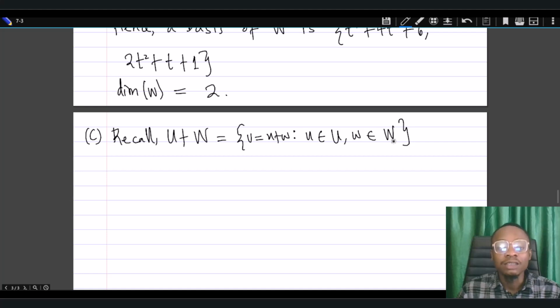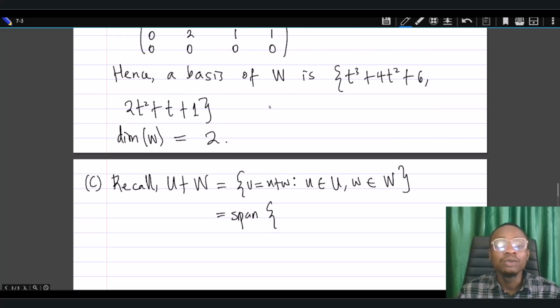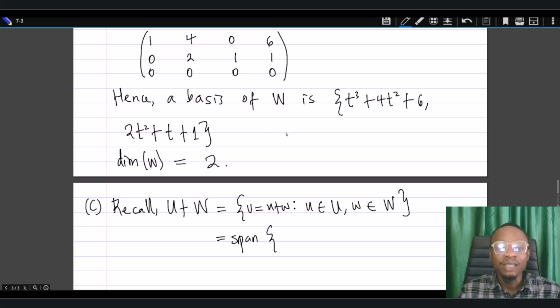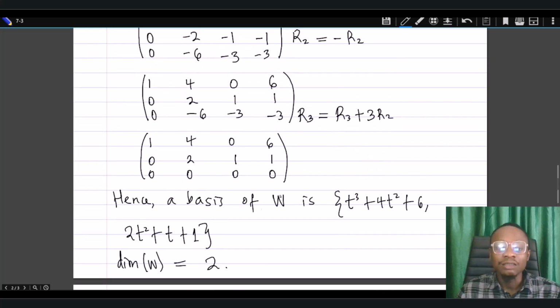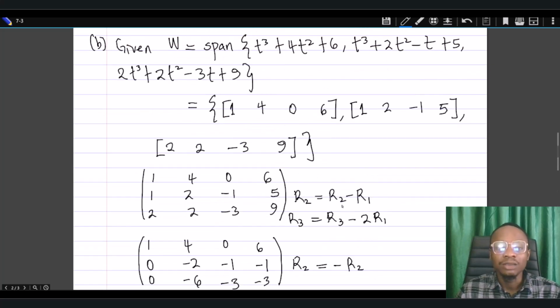So if that is the case, we have also seen that by implication, this means it is going to be equal to the span of all of the vectors that span U and W. So at this point, since we have obtained them already, we can use this basis here. This basis of W spans W, and it is also linearly independent. That's the difference between this and what we started off with here.